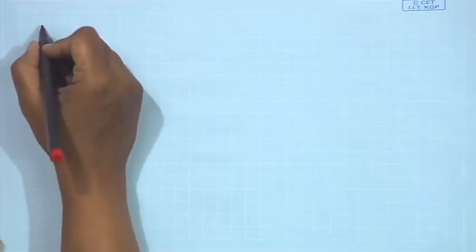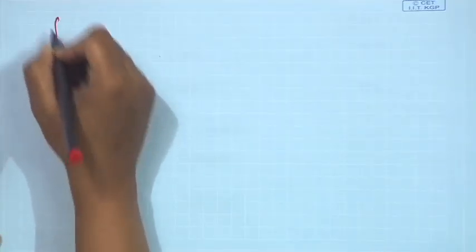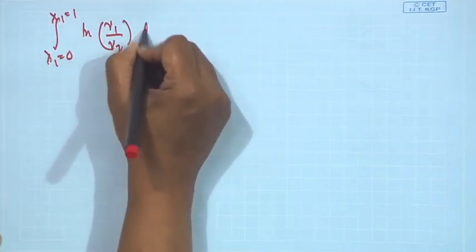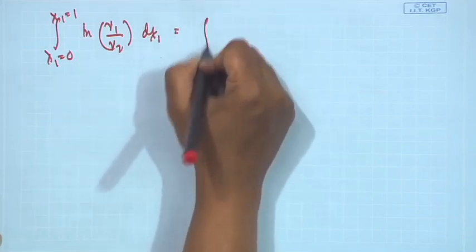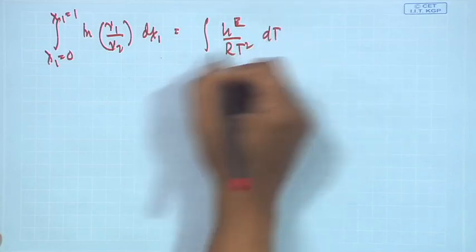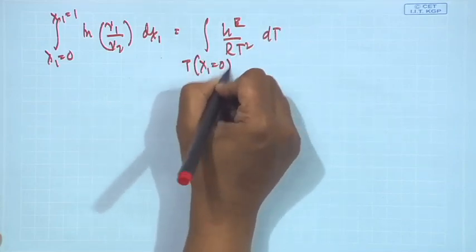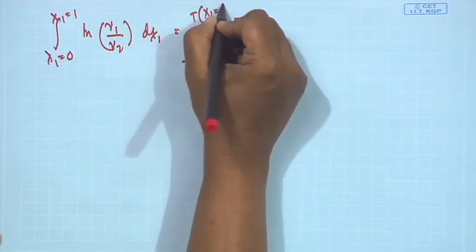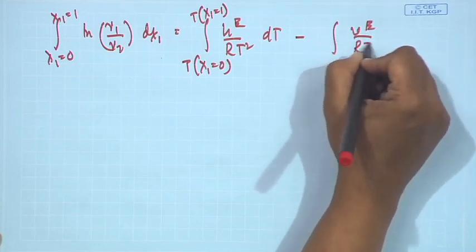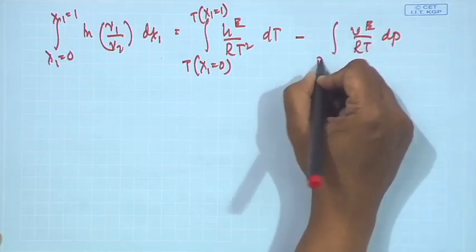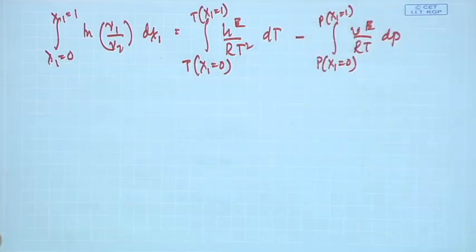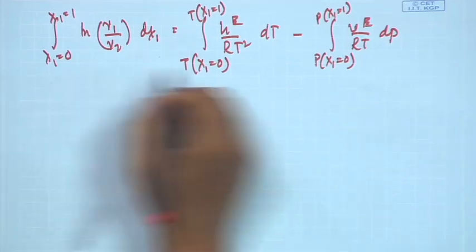The actual equation should be the integral from x1 equals 0 to x1 equals 1 of ln gamma 1 by gamma 2 dx1, which should be equal to the integral of HE by RT square dT, ranging from the temperature at x1 equals 0 to the temperature at x1 equals 1, minus the integral of VE by RT dP, where the pressure ranges from the pressure at x1 equals 1 to that at x1 equals 0. This is the generalized equation.